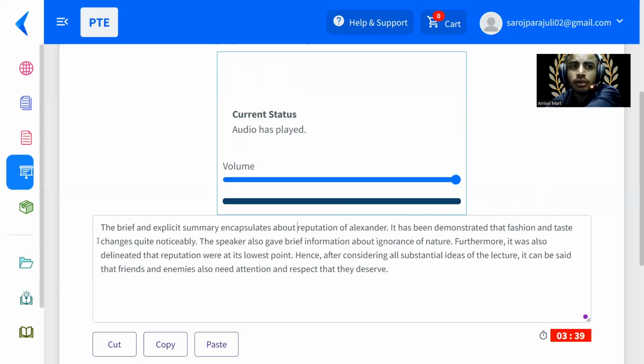Furthermore, it was also delineated that reputation were at its lowest point. Hence, after considering all substantial ideas of the lecture, it can be said that friends and enemies also need attention and respect that they deserve. Okay, everything is fine over here, and that's how you need to solve this summarized spoken text.